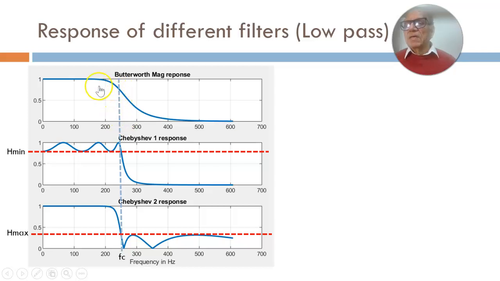You can see the Butterworth magnitude response is monotonic in the pass band as well as in the stop band. Whereas the Chebyshev 1 response has ripple in the pass band, but is monotonic in the stop band. Whereas Chebyshev 2 is monotonic in the pass band but has a ripple in the stop band.